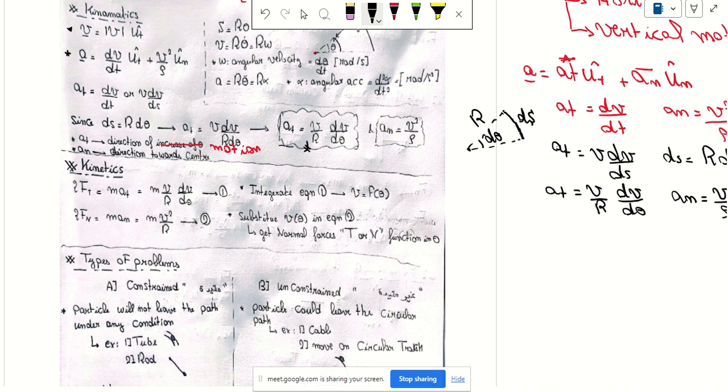So now if you know v is a function of theta, you could get at any theta the velocity, or let's say the speed, and when you get the speed at any theta, you will get a_t and a_n at any theta. So after we get v as a function of theta, it means that we have got a_n correspondingly, so summation Fn equals m a_n, which will be equal to m v squared over rho.